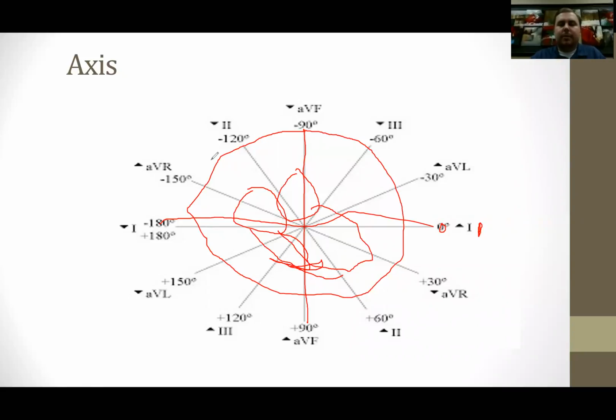That seems like a lot, but just please go draw the circle on a couple blank sheets of paper, memorize 1, 2, 3, aVL, aVR, and then aVF down here. And eventually you'll just associate those with the different numbers.